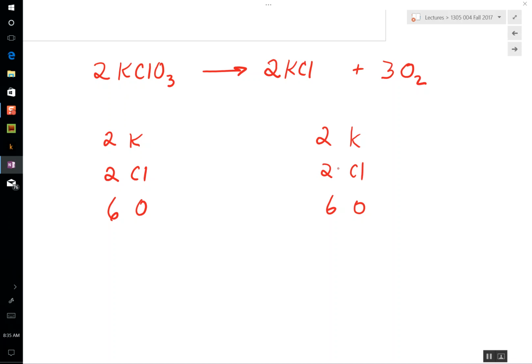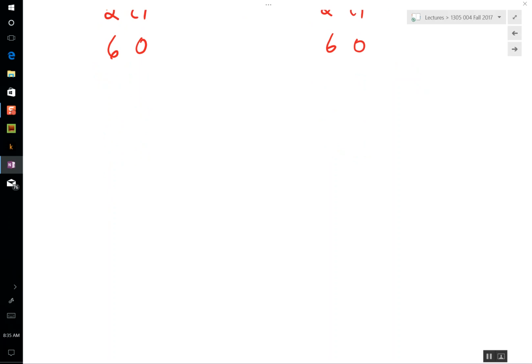And look at the similarity there. It's a hydrocarbon, a carbon-hydrogen compound, plus oxygen, yields carbon dioxide and water. The other reactant is always oxygen, and the other products are always carbon dioxide and water. There is a little variation on that, but I want to show you how to address those kinds of reactions.